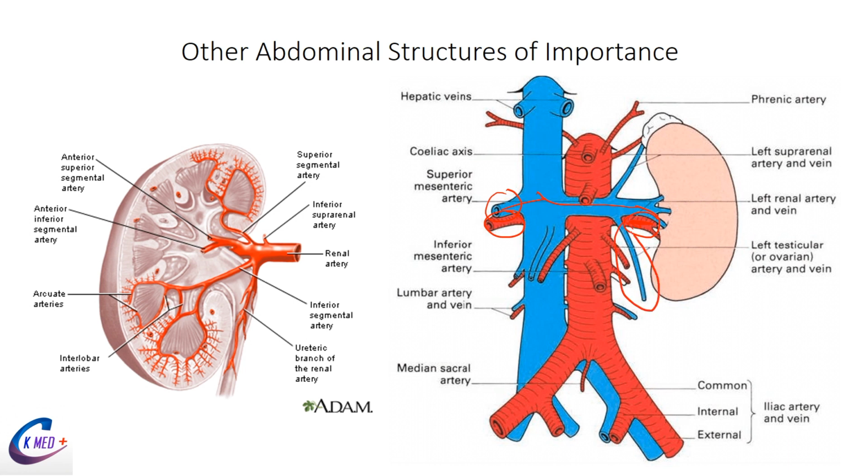You can see that this is a male in this picture. The testicular vein, if it's in a female, is ovarian, and as a broader group they're called gonadal veins. On the left side they drain into the renal vein before going into the IVC.